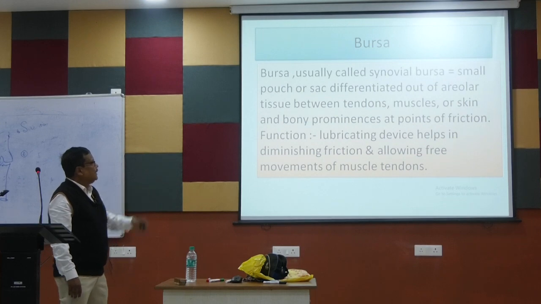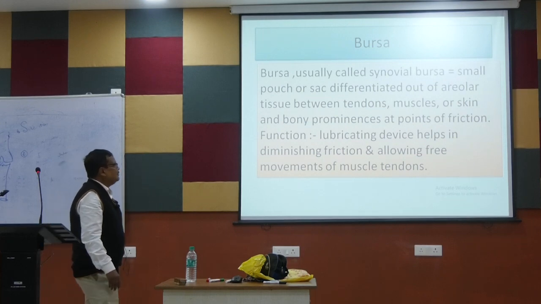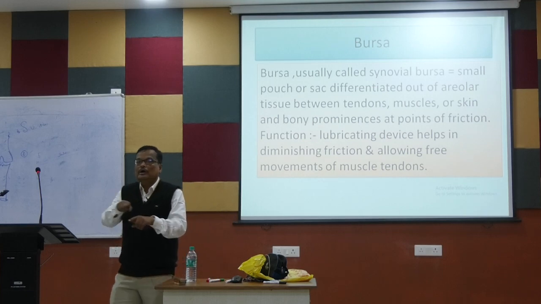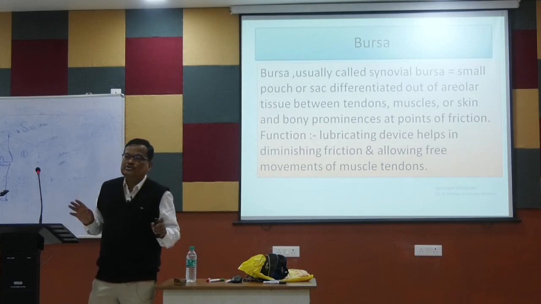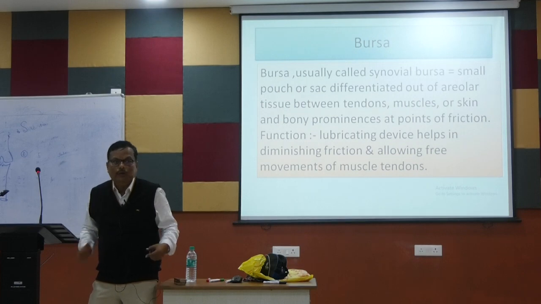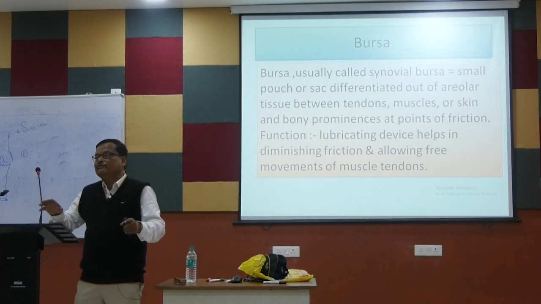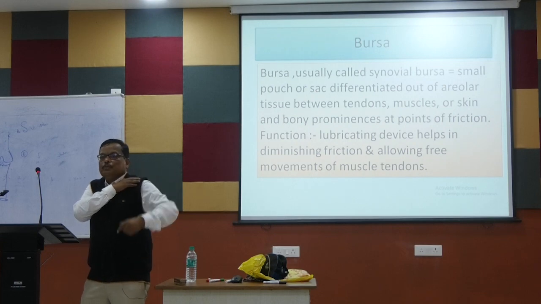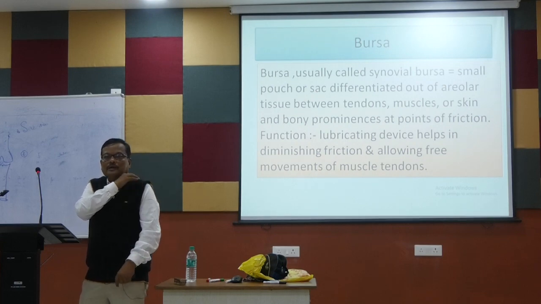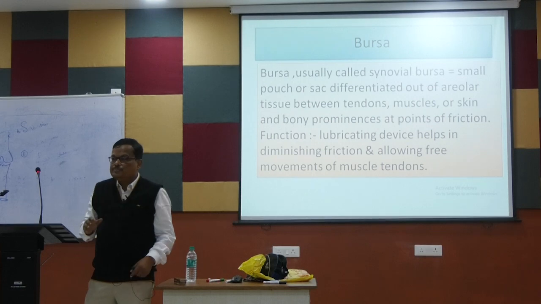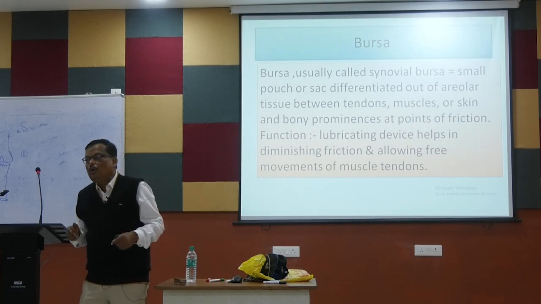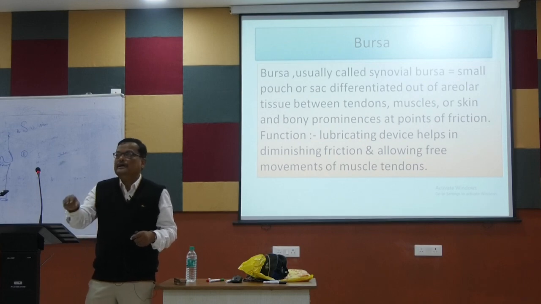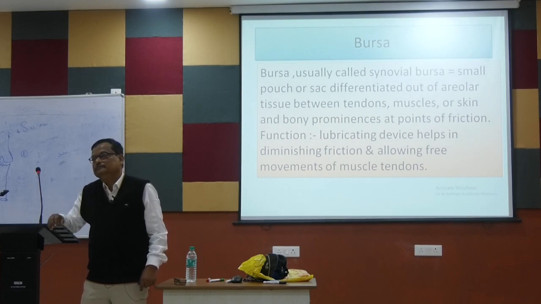Function is the lubricating device, helps in diminishing friction, allowing free movements of muscle tendon, so that tendon can move freely without any damage. So সবখানে থাকবে? No. Whenever there is a chance of friction, সেইখানেই nature provides, এইখানে দিয়েছে. There is always movements of the shoulder joint, there is a bursa here. Especially where the movement is more, in and around the joint. So bursa is more present in and around the joint.